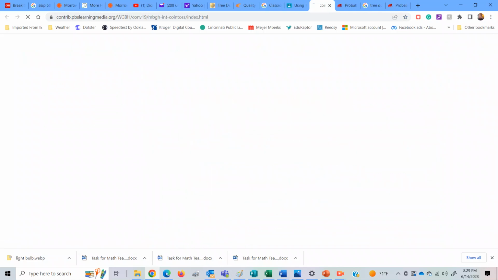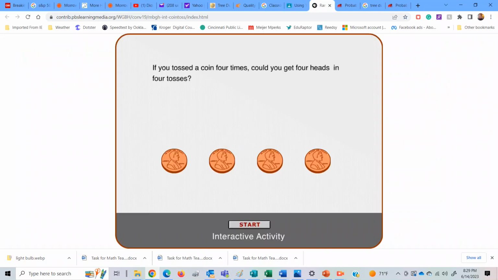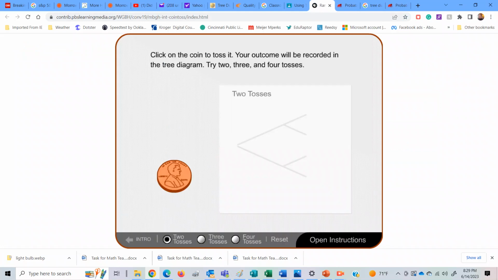So we go back into some things that we've done before. If you recall, there's the random coin toss, and hopefully the student would select 3 tosses, because in this case with this word problem, there's 3 events, and they would toss the coin and see how just one path would be created.